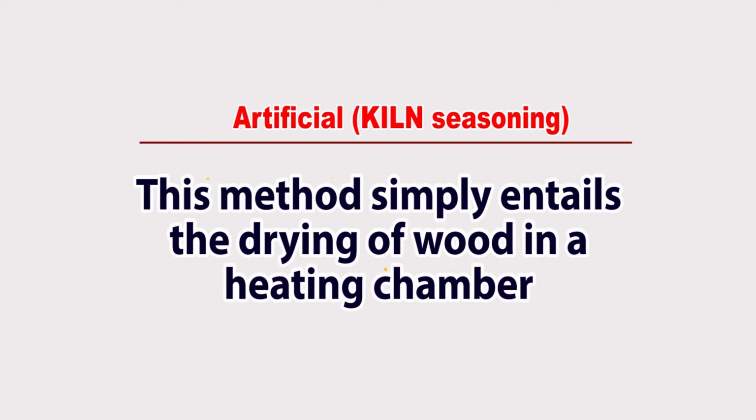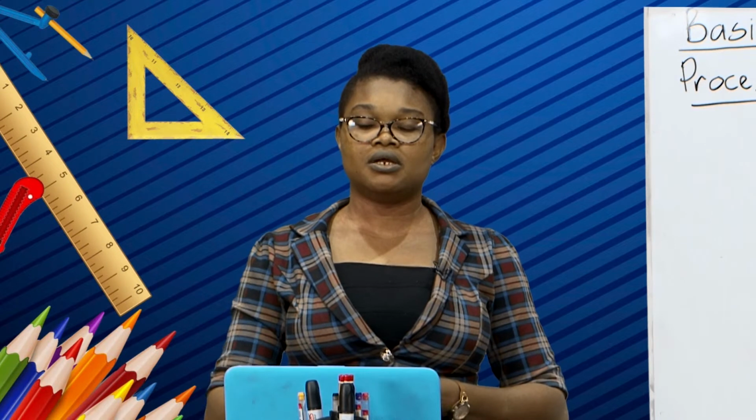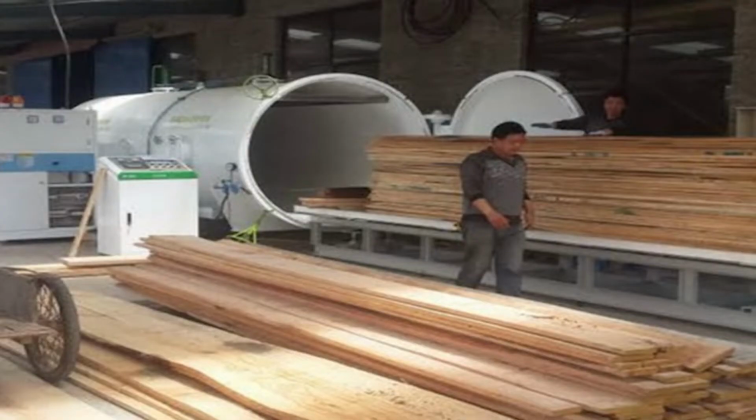This chamber is what we call a kiln. Take a look at the picture of a kiln. You can see men working on already converted timber, stacking them up together and arranging them on a pile so as to direct them into the kiln.